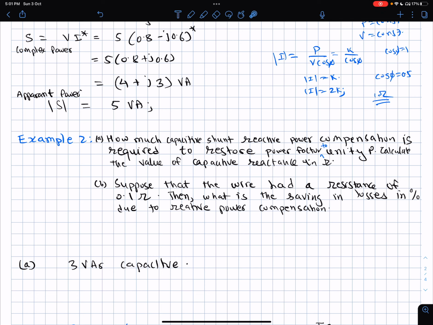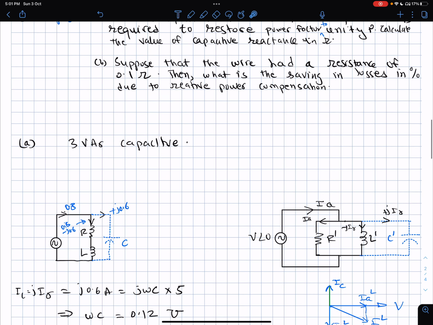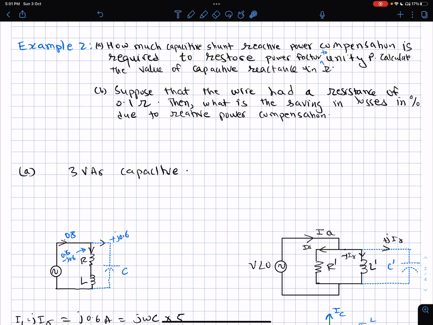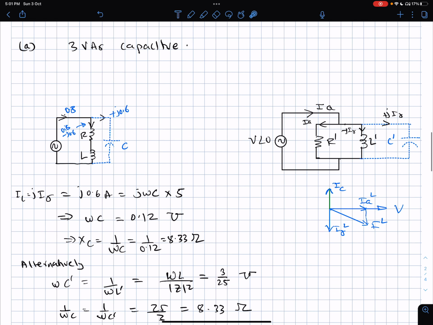How much capacitive shunt reactive power compensation is required to restore power factor to unity? Now next thing is calculate the value of capacitive reactance in ohms. So I want j0.6 current to flow here, and that is nothing but equal to the reciprocal of the impedance, which is j omega c, times the voltage which is applied to it.